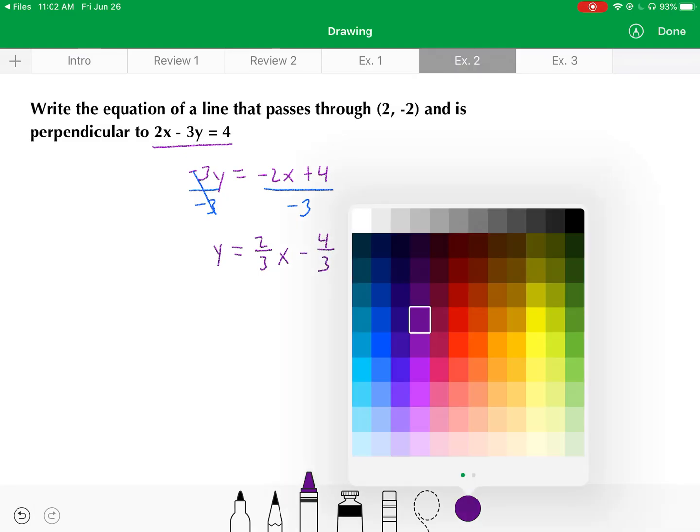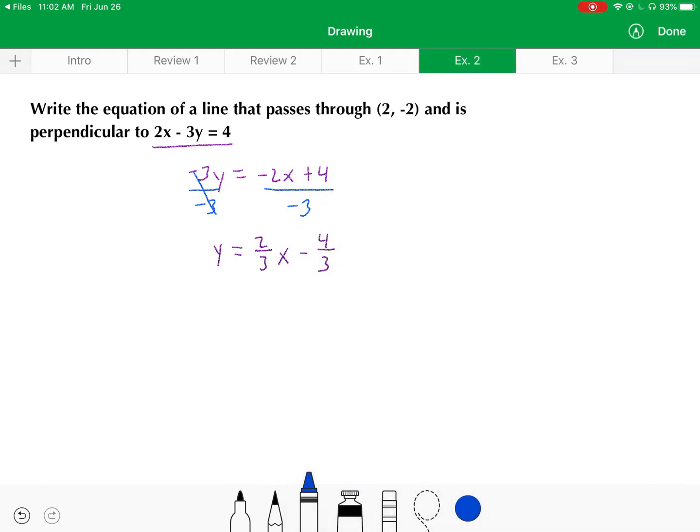Now the only thing I care about in that result is that the slope is 2/3. That means my perpendicular line, the line that I'm going to try to make an equation for, has to have a slope of -3/2.